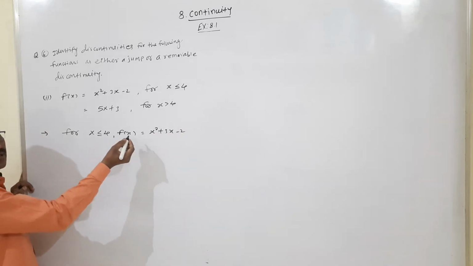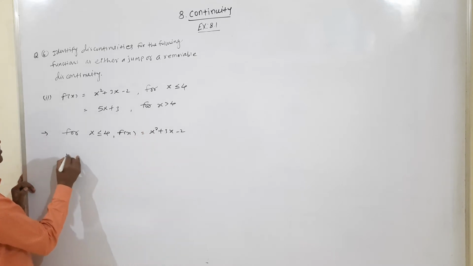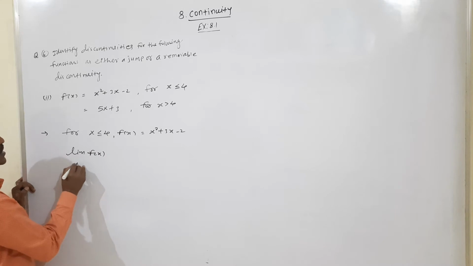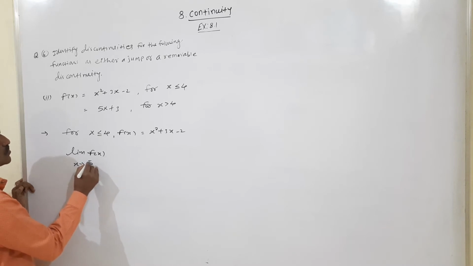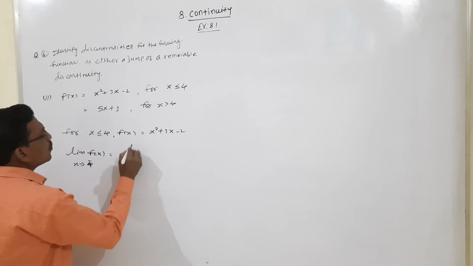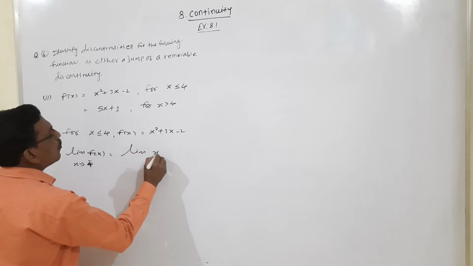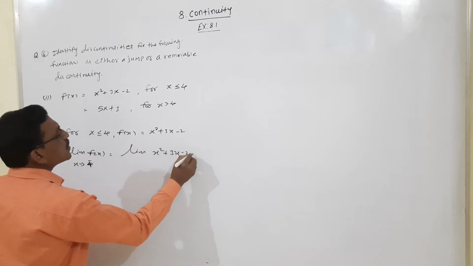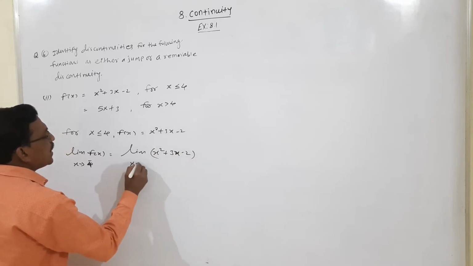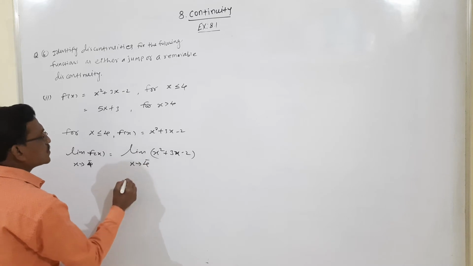Apply the left hand side limit to this function on both sides. Limit of function f of x as x tends to 4 minus is equal to limit of x square plus 3x minus 2 as x tends to 4 minus.